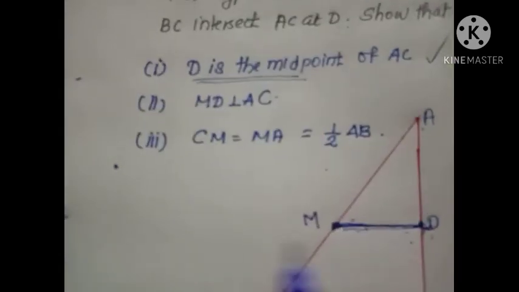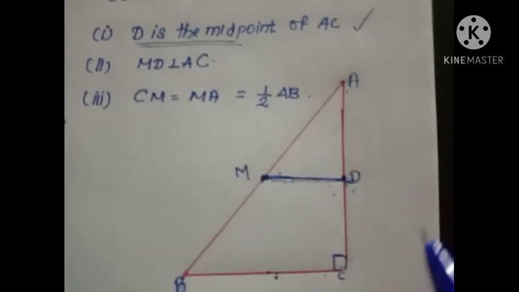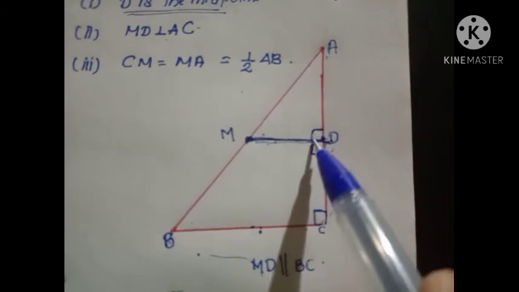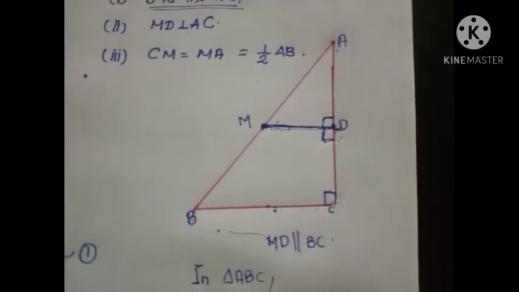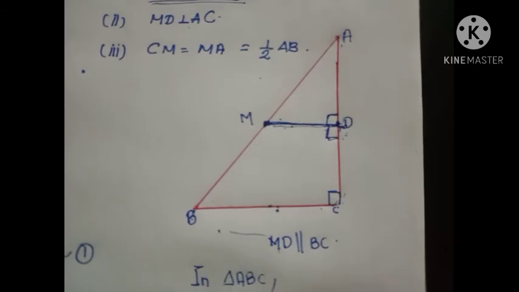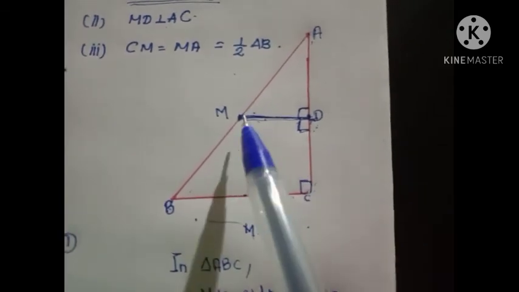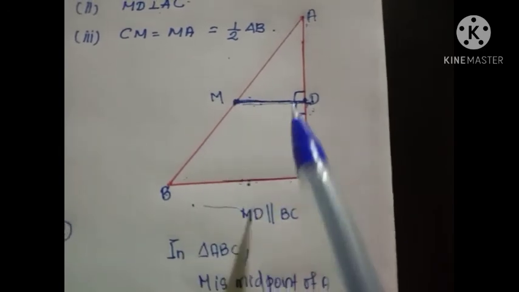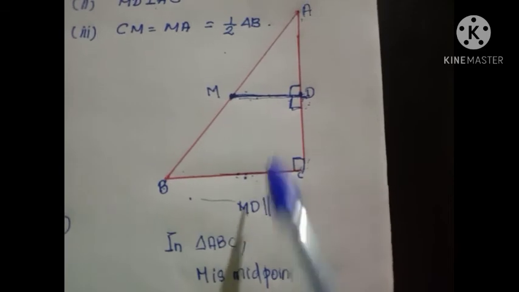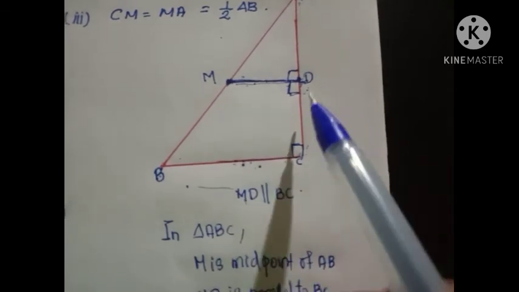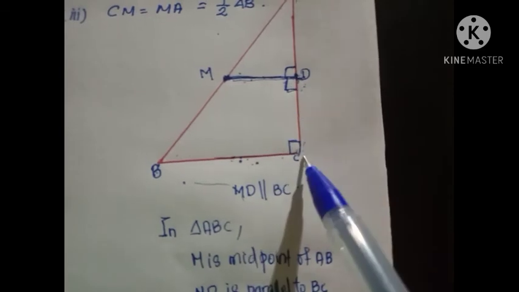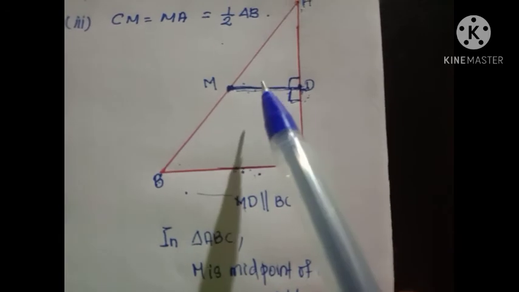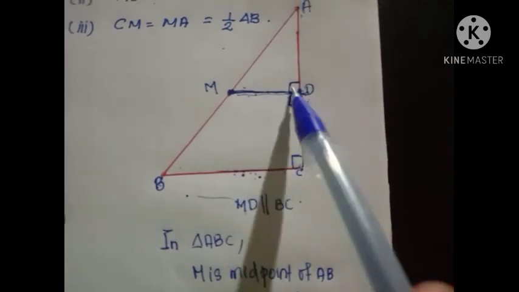Now we need to prove MD is perpendicular to AC. That means we need to prove these two angles are 90 degrees. MD is parallel to BC, isn't it? These two lines are parallel lines. Now listen, CD is the transversal. Two parallel lines are cut by a transversal.